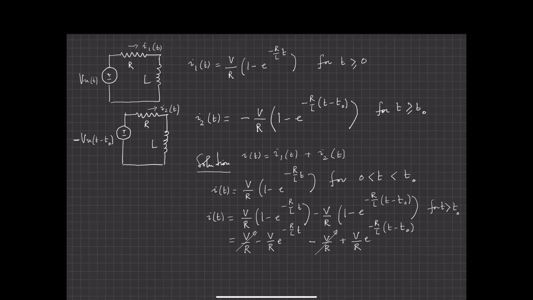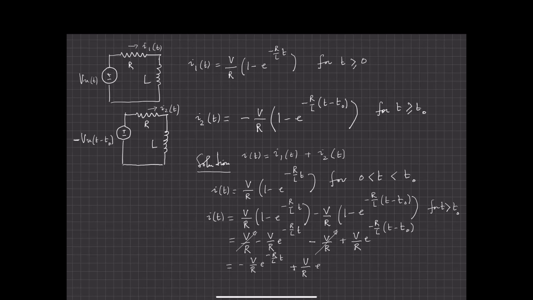And I then have, let me write it down here, this minus V over R e to the power of minus R over L t, and then I have a plus V over R. Now let's break up that exponential function.